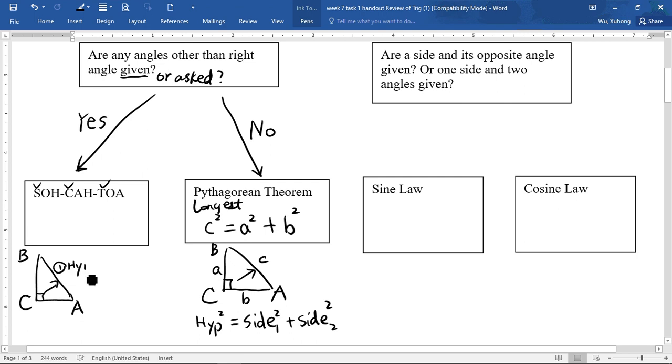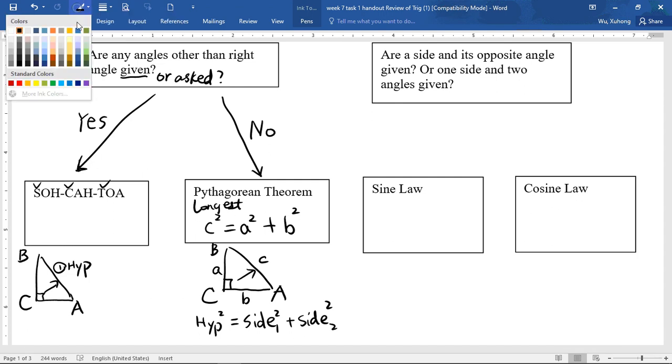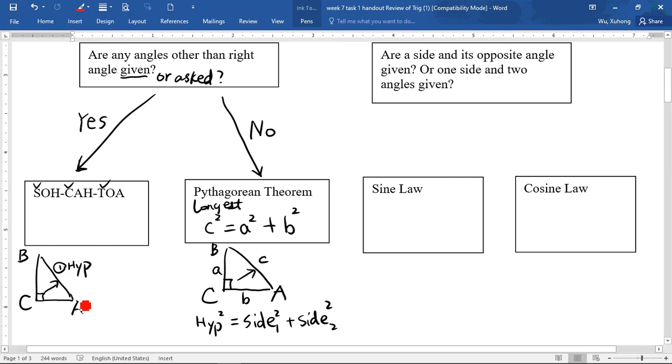That is opposite the 90 degrees, the longest side, and then you are going to pick an angle. If one angle is given or required to find, then you pick that angle. For example, if angle A is given or required to find, then we pick that angle A to label the opposite. So the opposite side of angle A doesn't have letter A. Then whatever side is left is your adjacent.